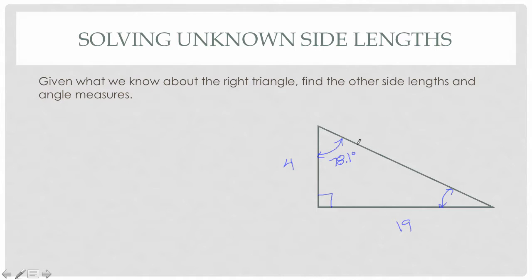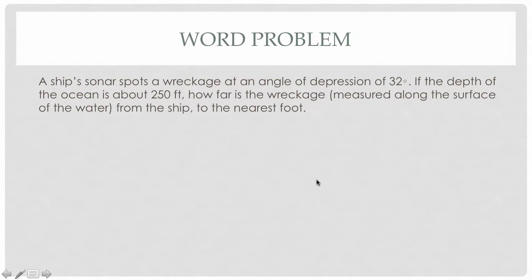So 90 minus 78.1, that's going to be 11.9. And this side was already given as 19.41. There you go. So now we've got all 3 angles and all 3 sides again. So we can use inverse trig to solve any right triangle. We can find as many sides or angles as we want.